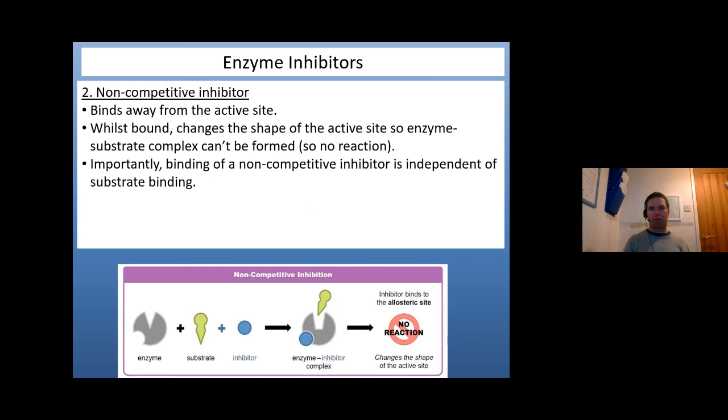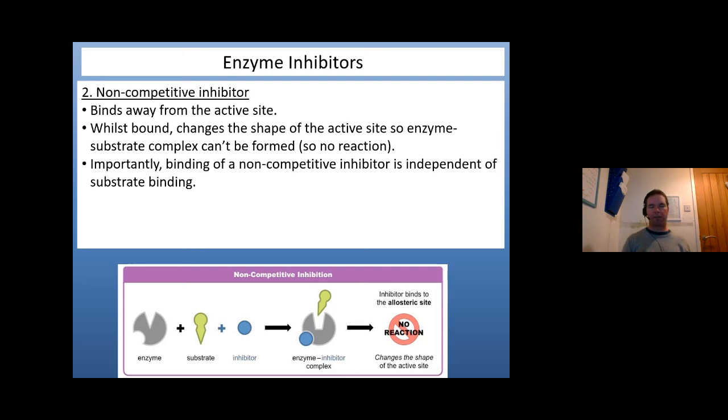Perhaps the most important thing for understanding how non-competitive inhibitors work, and the graphs we're going to see on this, is that a non-competitive inhibitor can bind at any time. It is independent of the substrate binding. It's not about who gets there first. It's simply about whether the inhibitor is bound to the enzyme or not. It does not have to check whether the substrate is bound to the active site. It doesn't matter.